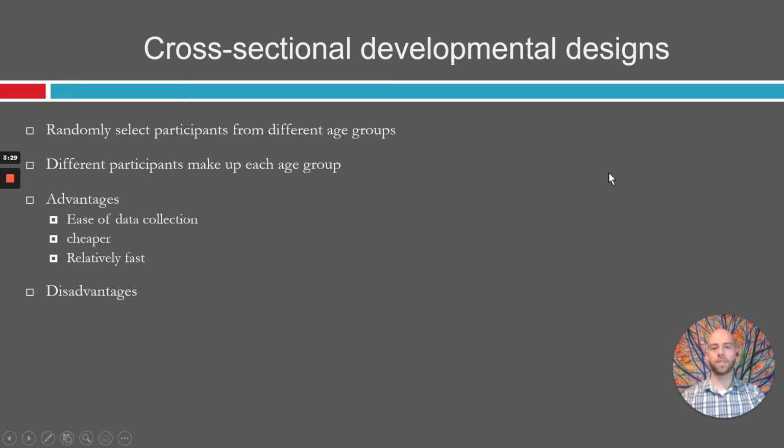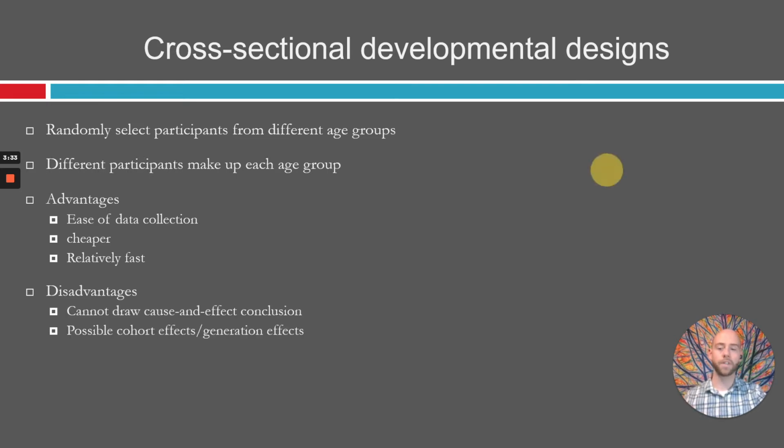The problem with these types of designs, though, is that you have a lot of things confounded with age. You have people that have had different historical experiences, people that have had different political histories, people that have had different types of educational experiences. If you notice a difference between 20-year-olds and 70-year-olds in some sort of academic ability, it might not have anything to do with age.